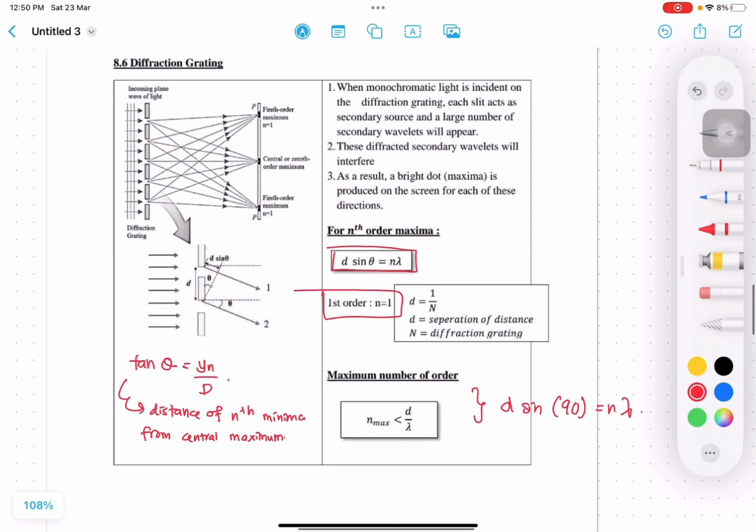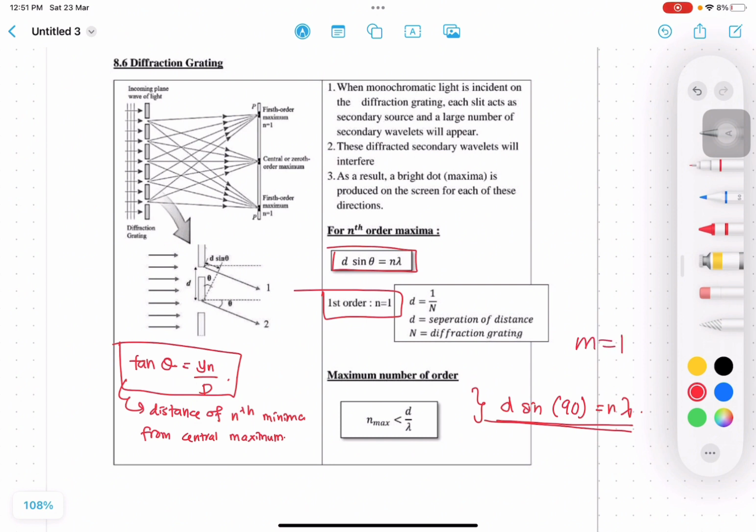Alright, the distance of nth minima from central maximum, we have to use this. And then the maximum number of order, we just substitute 90 into the theta. So it's quite straightforward for this diffraction grating because the number of n is just directly used.